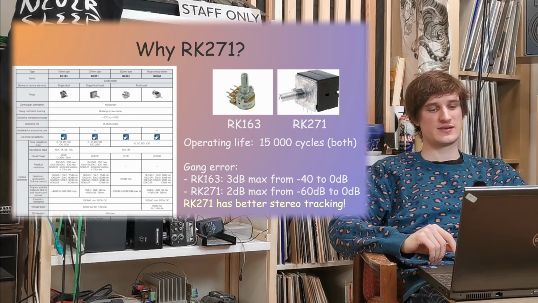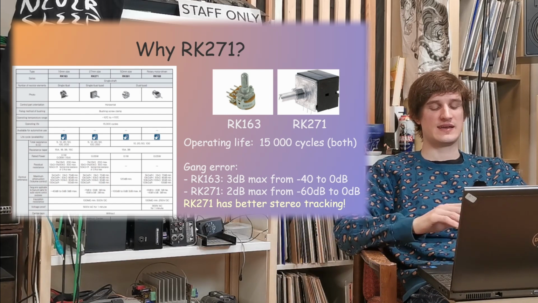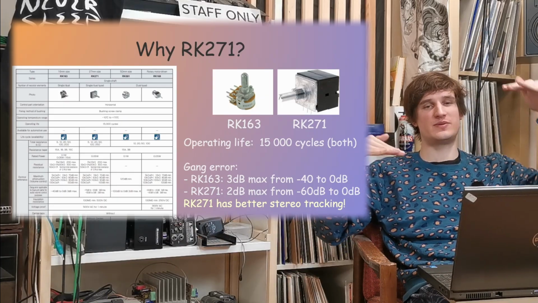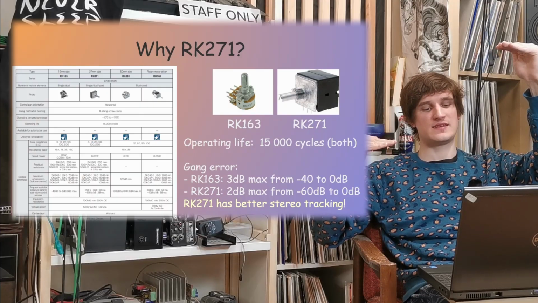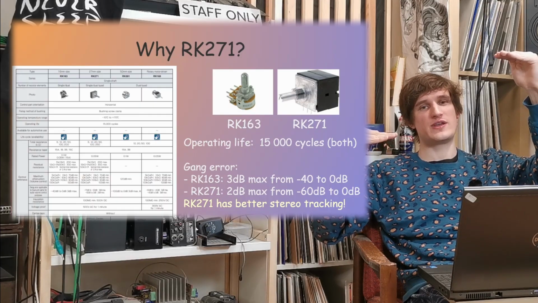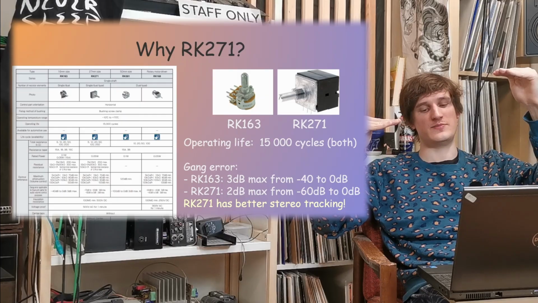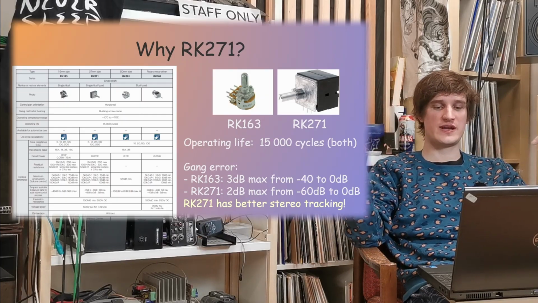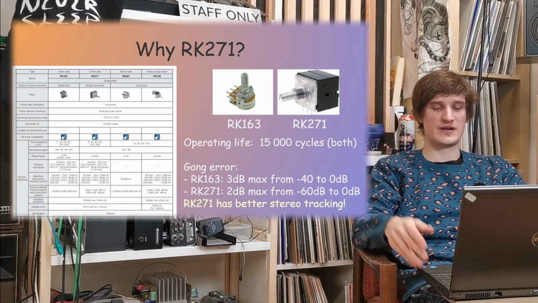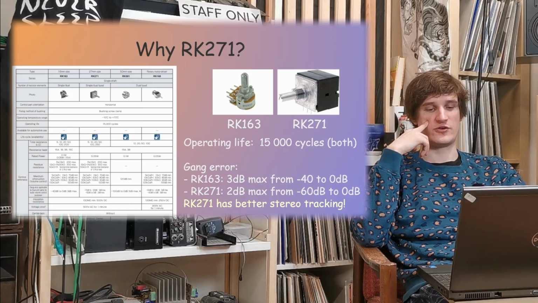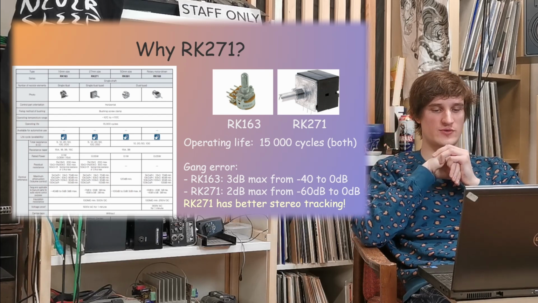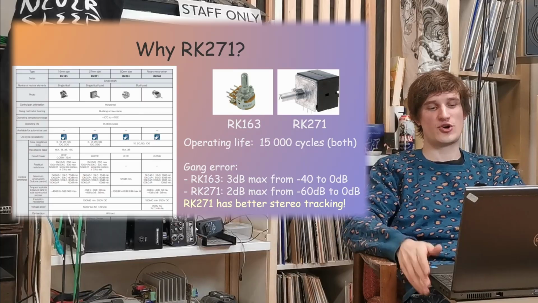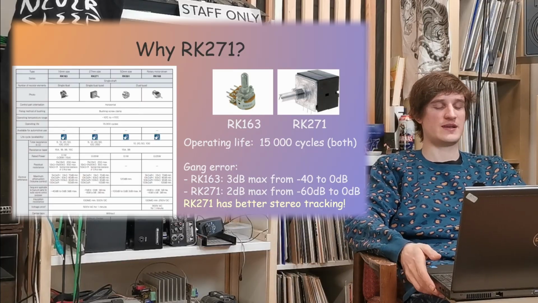In RK163 we can see that the maximum gang error between channels from -40 to 0 dB attenuation is 3 dB, and then with RK271 we get it better by 1 dB, and also across a higher range of attenuation, because from -60 dB, not from -40. So yeah, RK271 has better stereo tracking, it has this feeling, but the operating life is essentially the same.